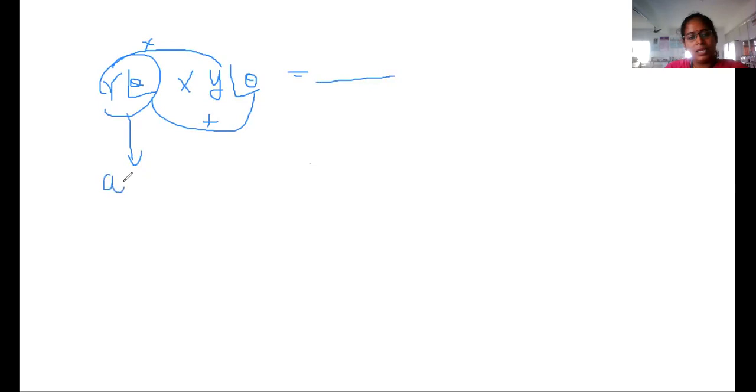For another method, we can convert polar to rectangular complex form, that is A plus jB, and convert the other one also, for example x plus jz.